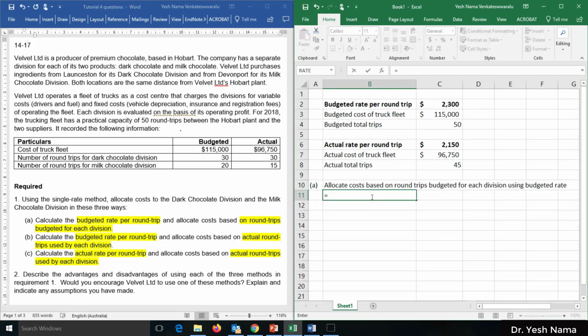Here we have the two divisions, dark chocolate and milk chocolate.